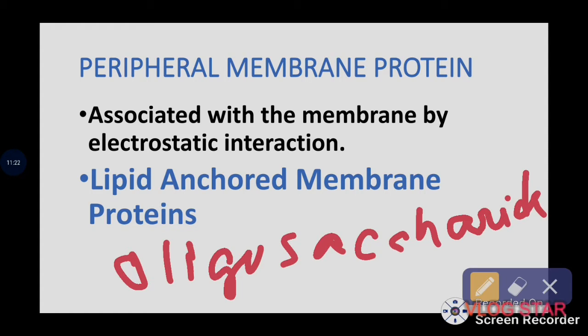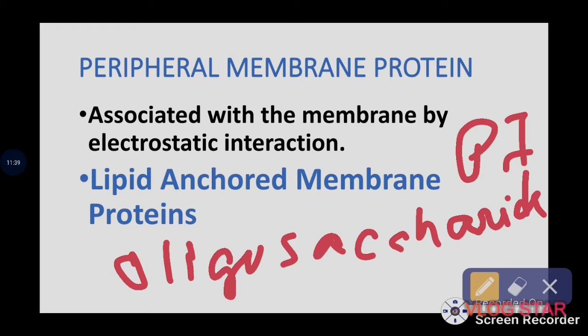Linked to the molecule of phosphatidylinositol, PI. Once again, I am repeating that there are several types of proteins on the external surface of the plasma membrane.